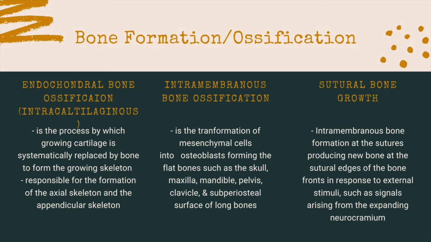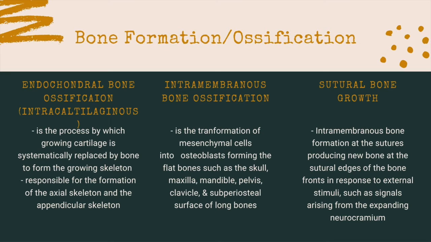The second is intramembranous bone ossification. It is the transformation of mesenchymal cells into osteoblasts, forming the flat bones such as the skull, maxilla, mandible, pelvis, clavicle, and subperiosteal surface of long bones. The third one is sutural bone growth.